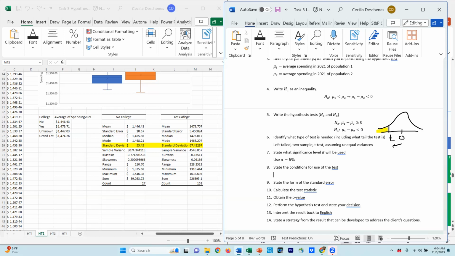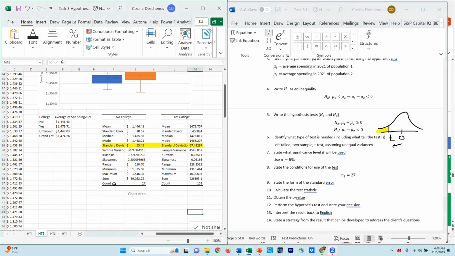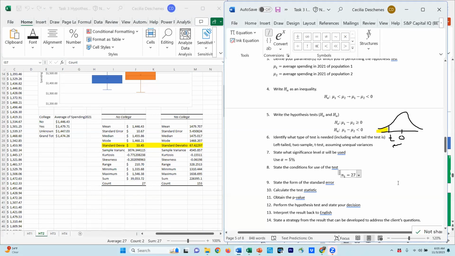So we can say N1, the people who did not go to college, N1 is equal to 27. And I got that by looking right here at the count on no college. Population 1 is 27, which is less than 30.